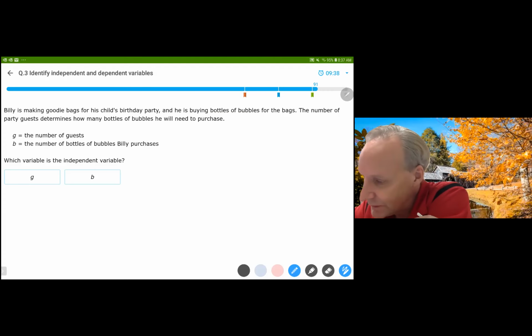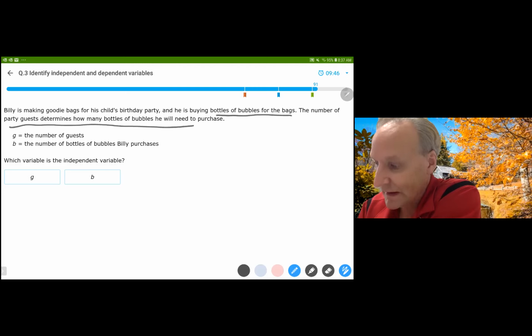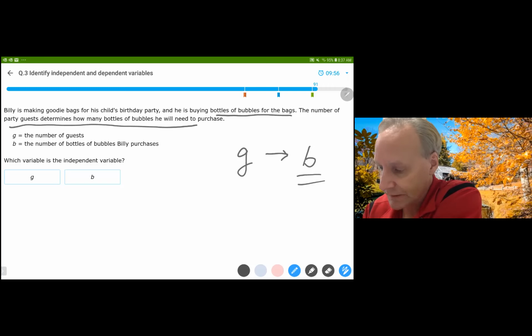Billy is making goodie bags for the child's party. He is buying bottles of bubbles for the bags. The number of party guests determines how many bottles he'll buy. So the bottles depends on the number of guests, and they want independent. So that's going to be the number of guests.